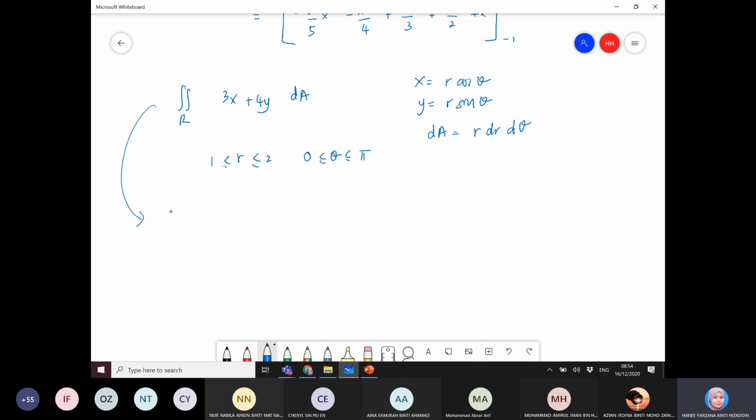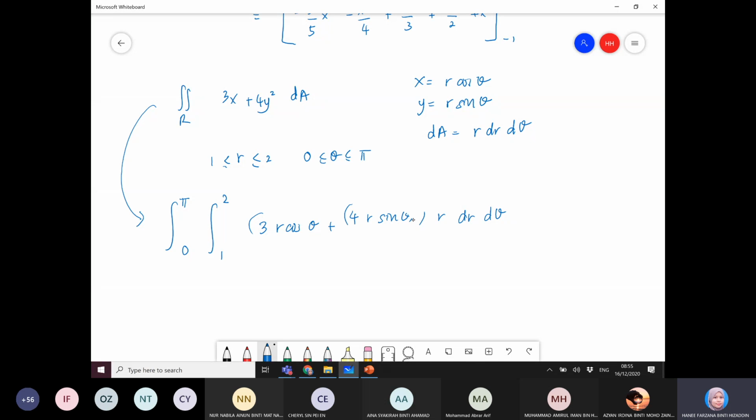So we put the 0 and pi outside, and then we put r inside from 1 to 2, and 3x, where x is r cos theta, so 3 times r cos theta, plus 4y, where y is r sin theta, so 4 times r sin theta, and dA is r dr d theta. Oh sorry, is it 3x plus 4y squared? Yes, so this thing here is squared.